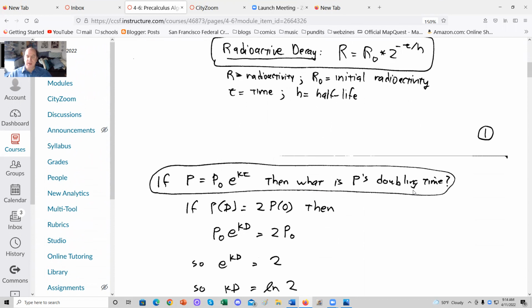If we have P equals P naught e to the KT, we figure out the doubling time by setting P of D equal to twice P naught. Plugging in, P naught e to the KD equals 2 P naught. The P naughts cancel, so the doubling time does not depend on the initial value. It's the same doubling time.